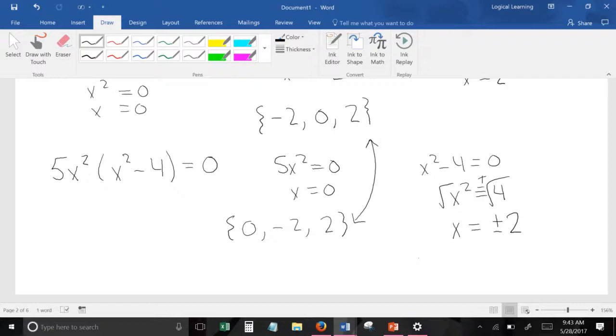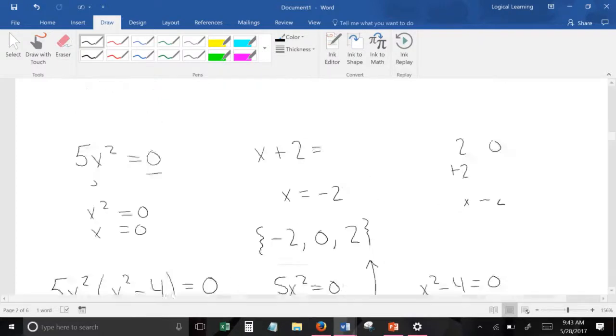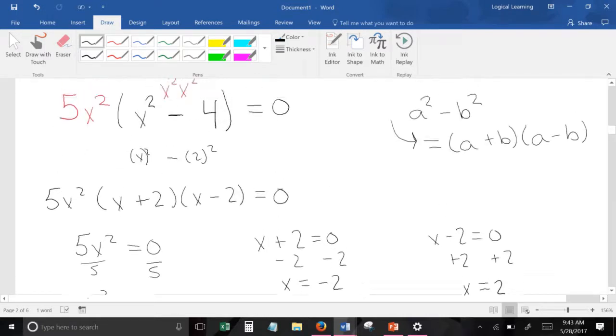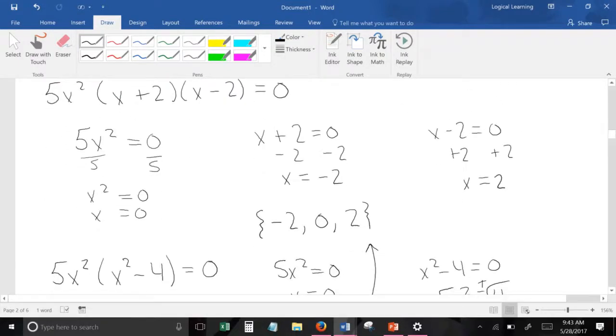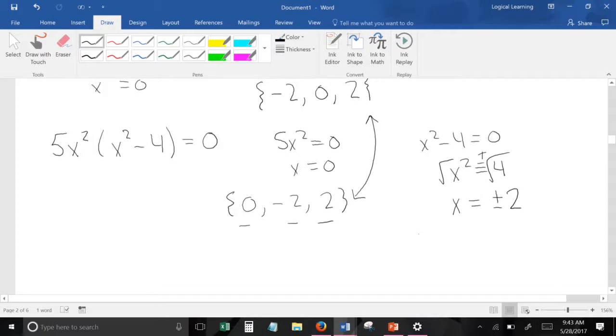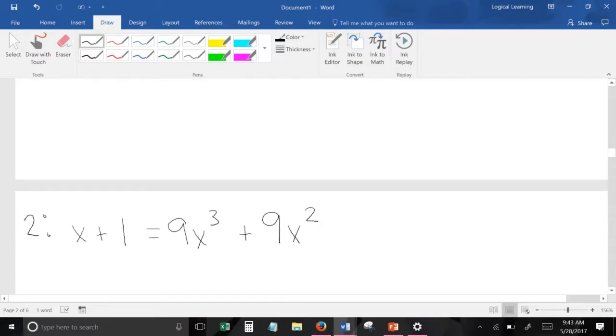Now you can take any of these 3 solutions that we came up with and put them back into our original equation to check that that does in fact equal 0. But if you have your algebra right, you should feel pretty confident that your solution set is correct, but it's always a great idea to check because then you know 100% those are the correct answers.